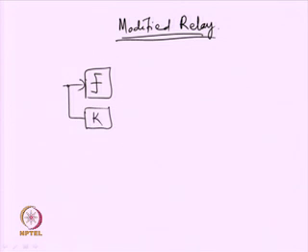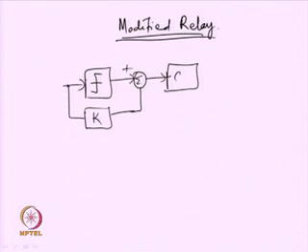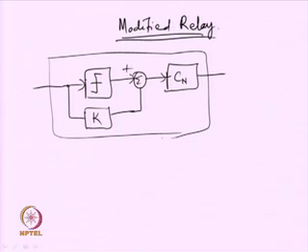Let the gain be given by K, and a controller Cn. So, this gives a modified relay. The modified relay will be used now for identification of TITO systems.